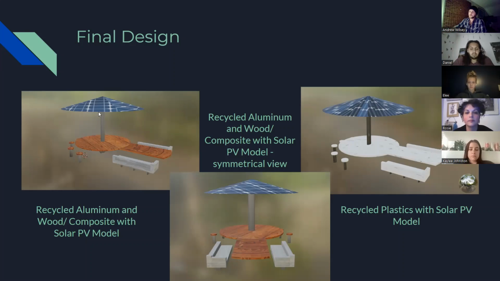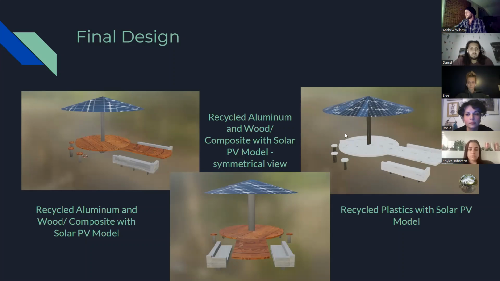On the far left here, we've got a solar conical top that is also a sunshade and rain shade. We've got aluminum for our posts for the seats and the table, and then either a wood or composite for the table surface itself, and a composite for the benches as well.